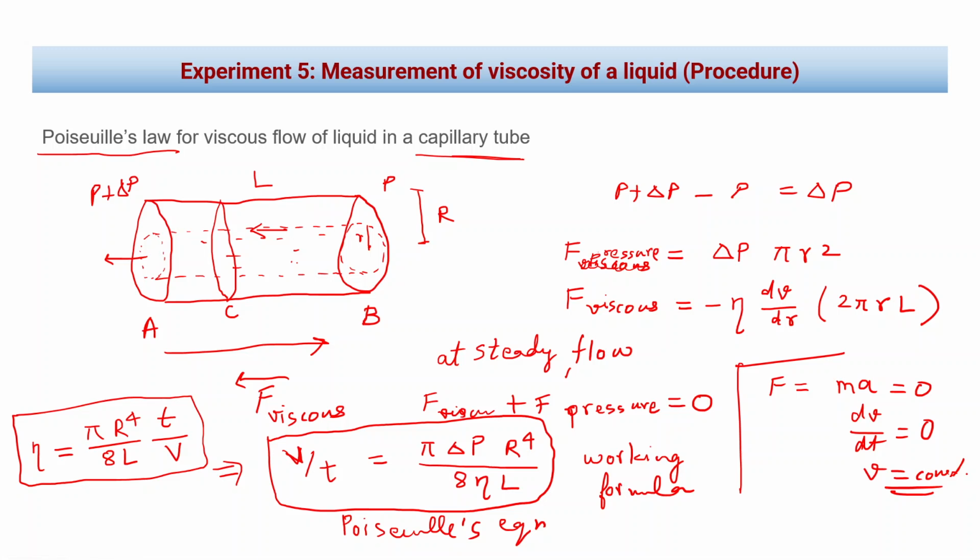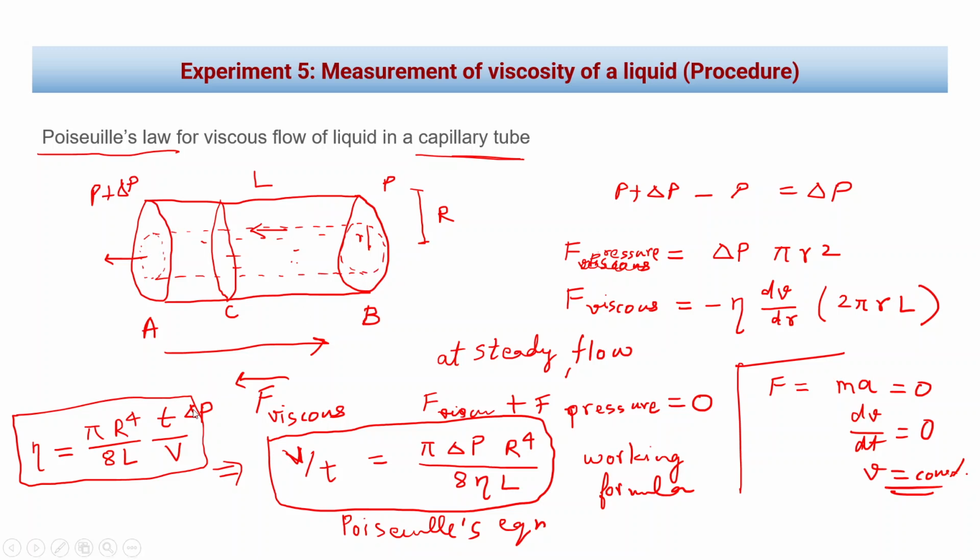And since we should take average values, that means we should repeat an experiment several times. If you want, we can change the radius, these things also, but what we were doing there is our capillary tube was same, so radius and length was same. What we were changing was the pressure difference between the two ends of the capillary tube.